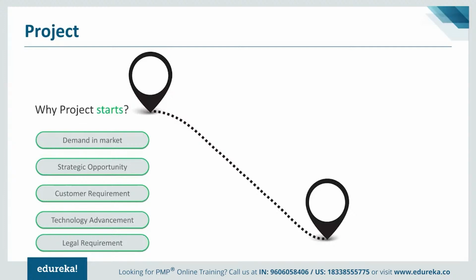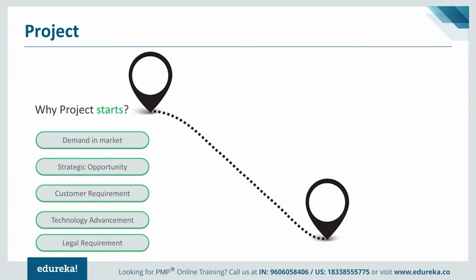So a team of people was basically working in that region in order to analyze the demand for a particular pharmaceutical product. And once there is a demand, then obviously you would go ahead and launch that product into that market. So a project could get initiated as a result of demand in the market.